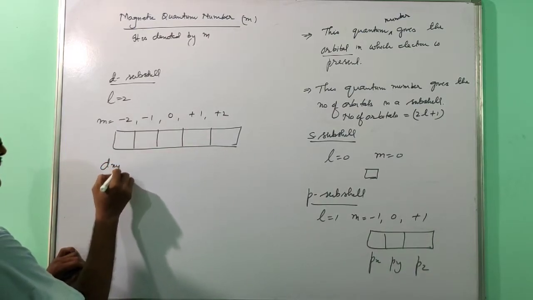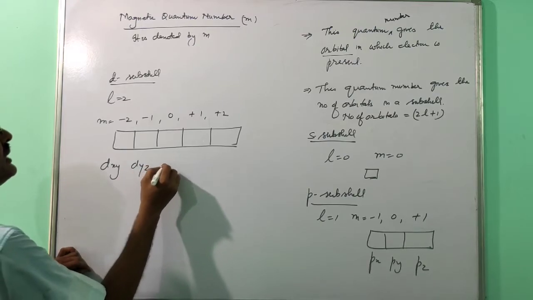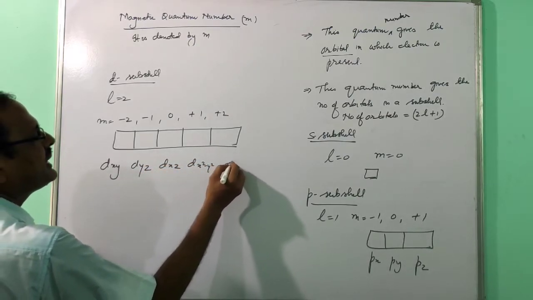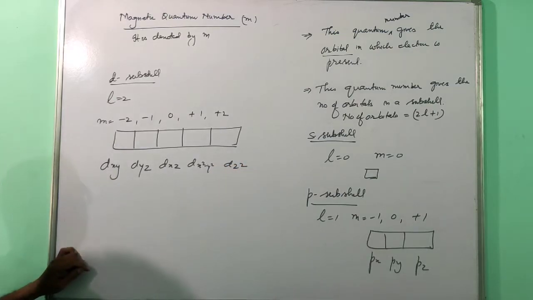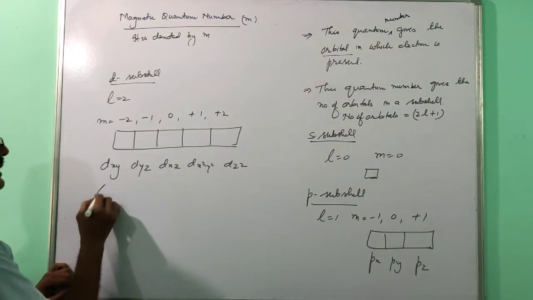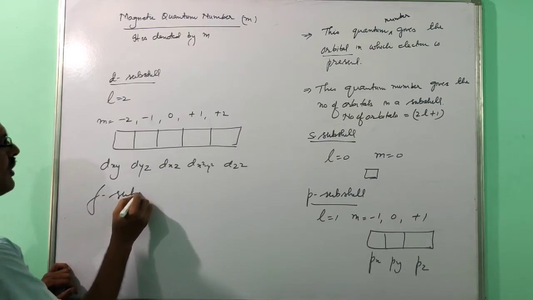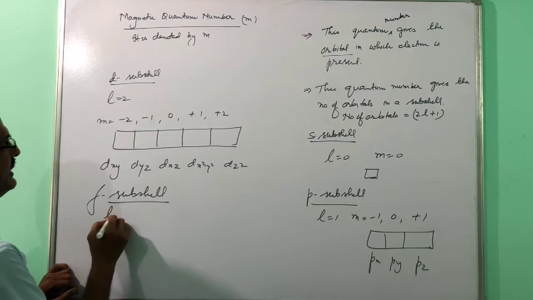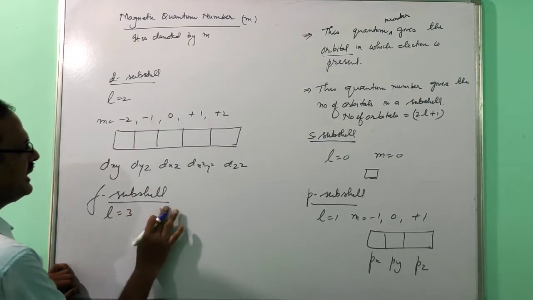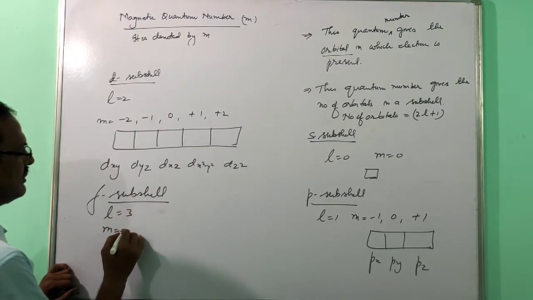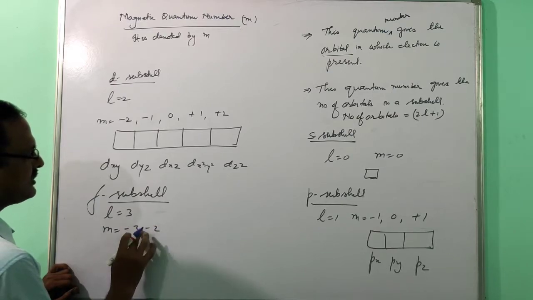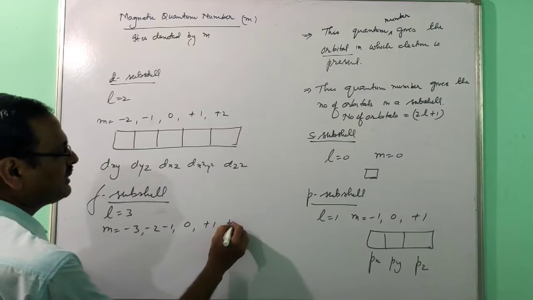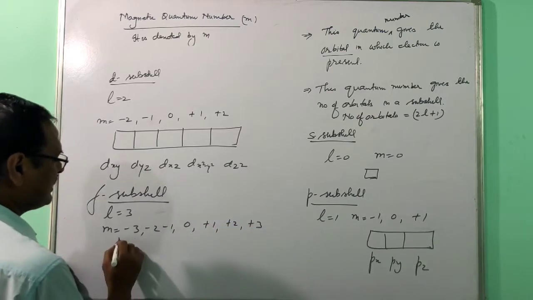These are dxy, dyz, dxz, dx square minus y square, dz square. Then for the F subcell, L is equal to 3, then m is equal to minus 3, minus 2, minus 1, 0, plus 1, plus 2, plus 3.